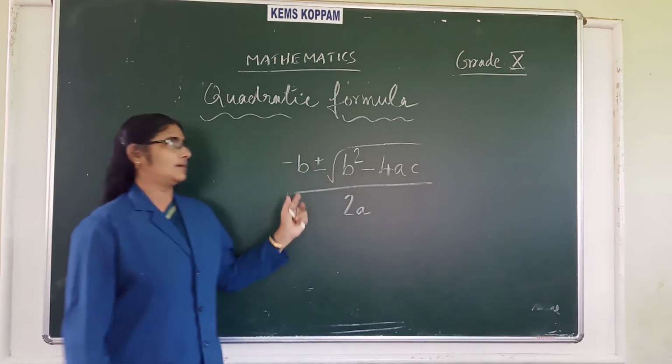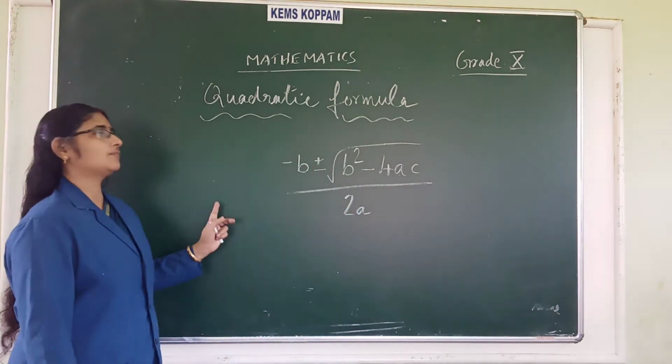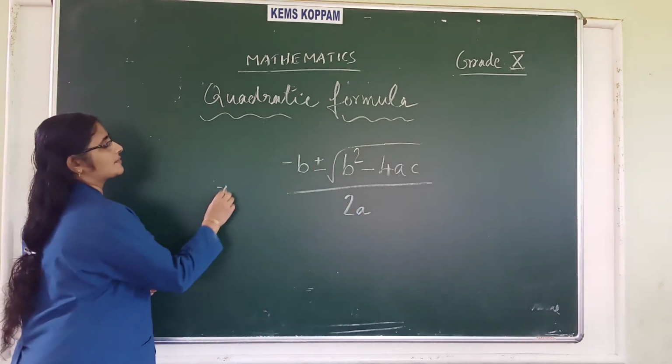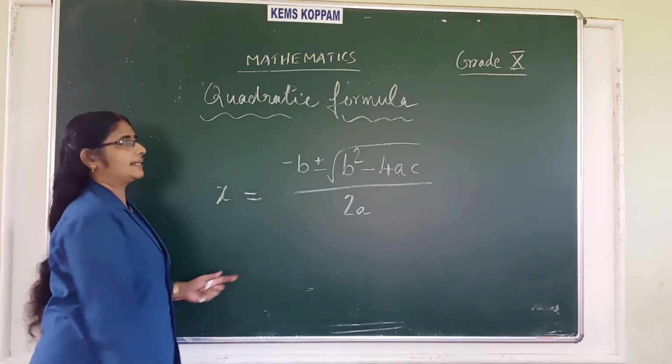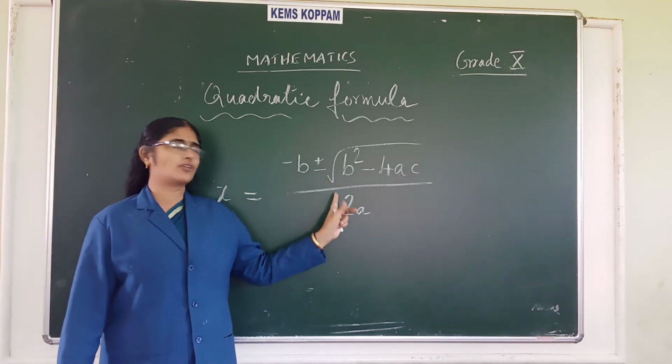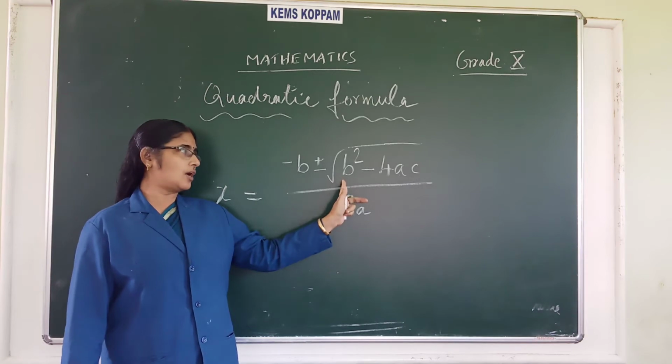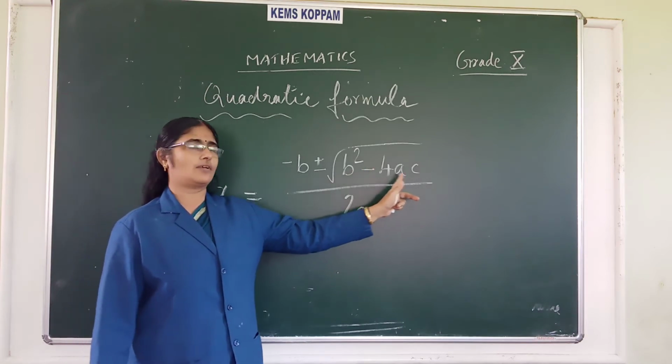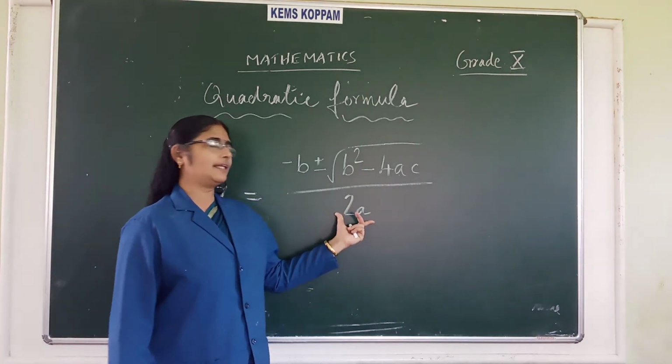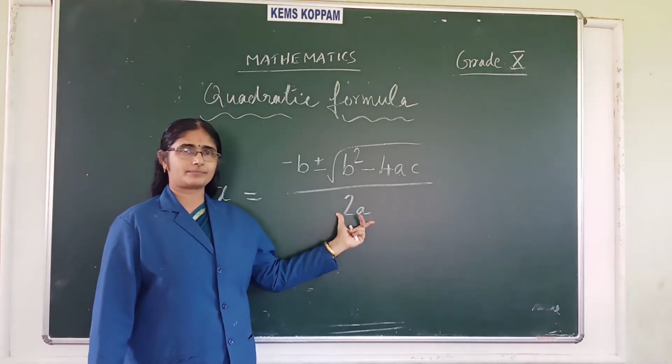This is known as the quadratic formula. x equals negative b plus or minus root of b square minus 4ac divided by 2a.